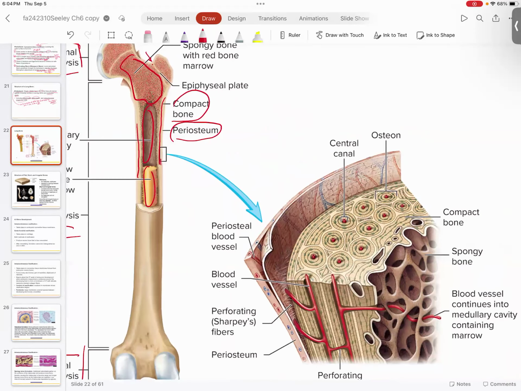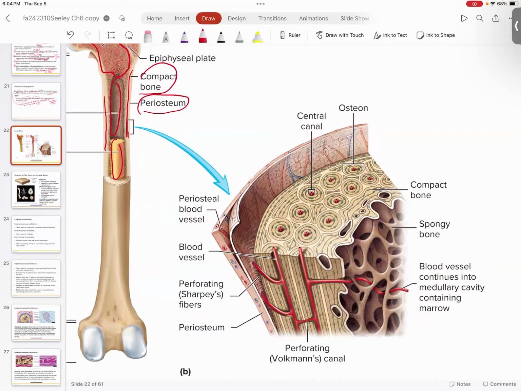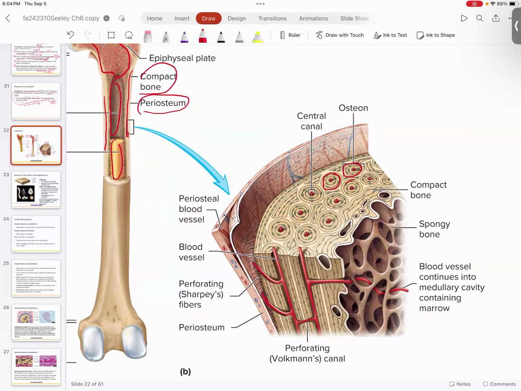And now when you take a look at it, we saw this one before, right? You can see you have your little circular osteon structures here and here and here. Then you can see your interstitial lamellae in between the osteons. And then, of course, your circumferential lamellae.